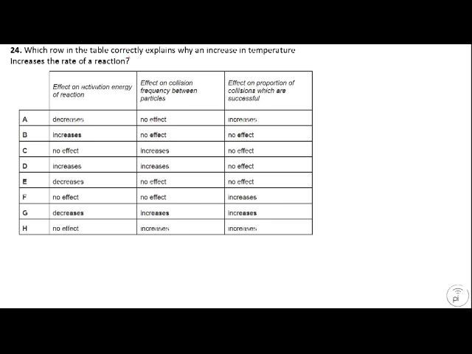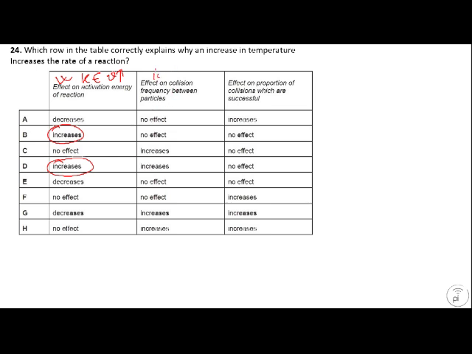24. Which row in the table correctly explains why an increase in temperature increases the rate of reaction? Effect on activation energy of reaction. It has an effect because it increases the kinetic energy, while since it increases also velocity, yeah? Тогда it increases и also increases. Effect on collision frequency between particles.